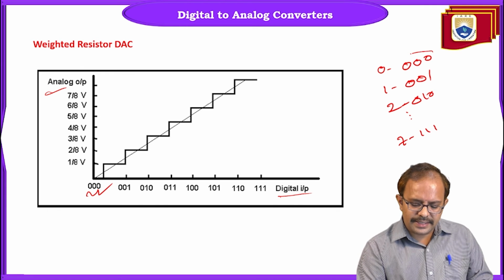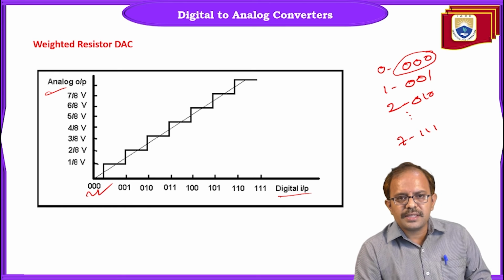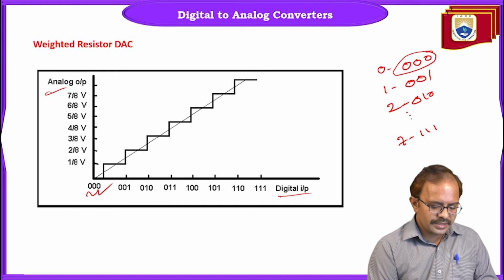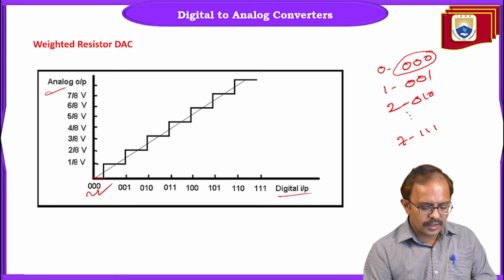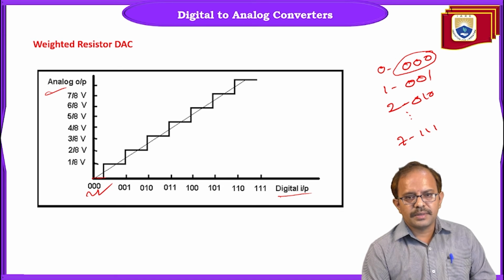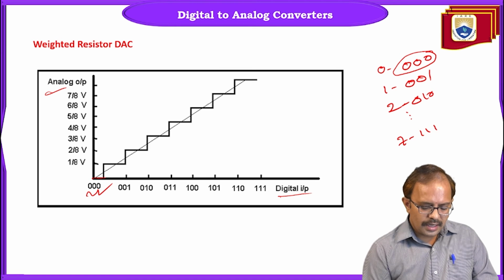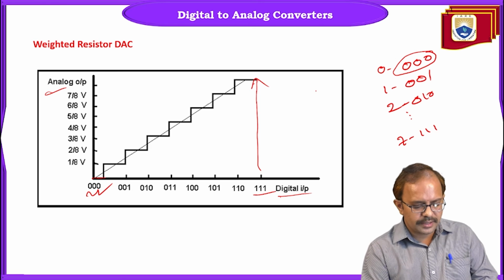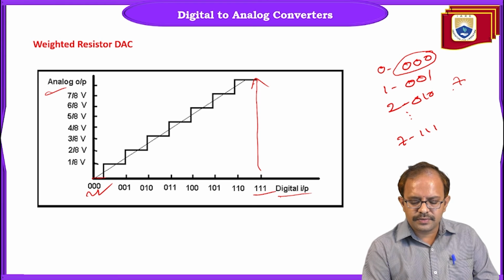If all 3 incoming bits are at 0, 0, 0, this is the corresponding analog output. And we'll go up to 1/8 of this voltage because we have 8 different values, 8 different data types. And finally, here we can get the voltage which is going to be 7/8 of this voltage.